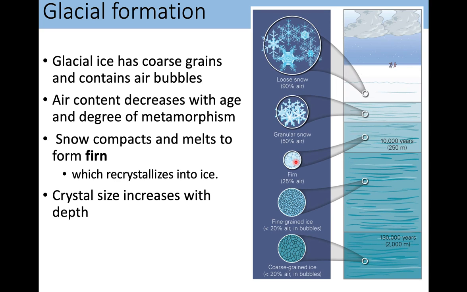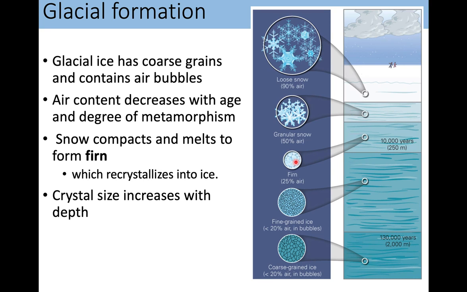So this is when snow totally loses its snowflake shape, and it becomes more and more compressed to the point where it starts to look like little pebbles. This is what will recrystallize into ice.